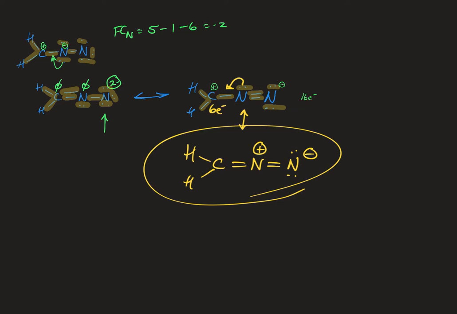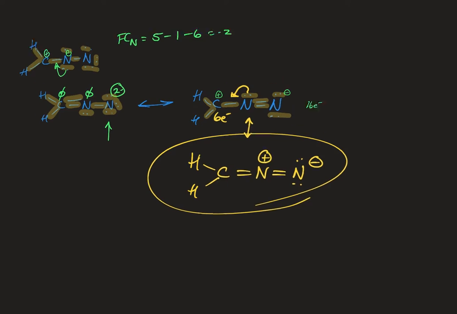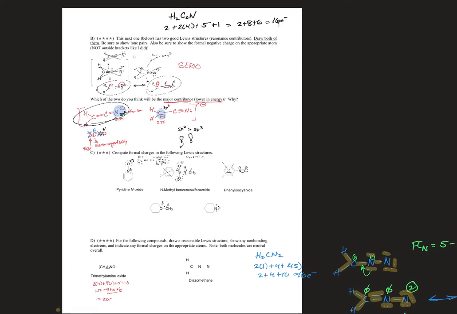Although nitrogen is more electronegative than carbon, so you might think a positive charge on carbon would be better than a positive on a nitrogen, that's just not the case here because of octet rule issues.